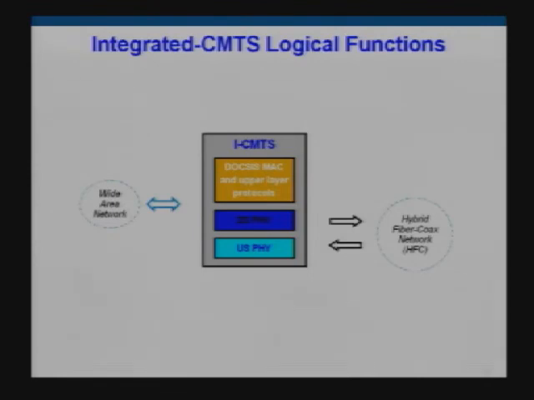The integrated CMTS has the DOCSIS MAC, DOCSIS layer 2 and upper layer protocols, as well as the downstream PHY, for sending the signals in the downstream direction, the modulation and up conversion, as well as the upstream PHY for receiving signals in the upstream direction, and demodulation and then PHY layer processing. Everything was taken care of by a single entity called the integrated CMTS.